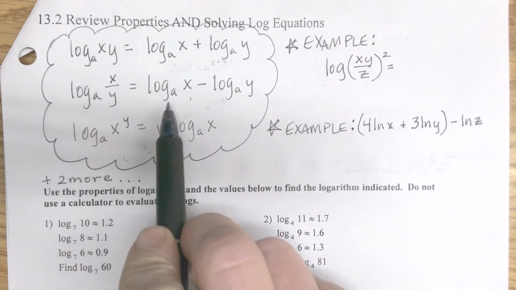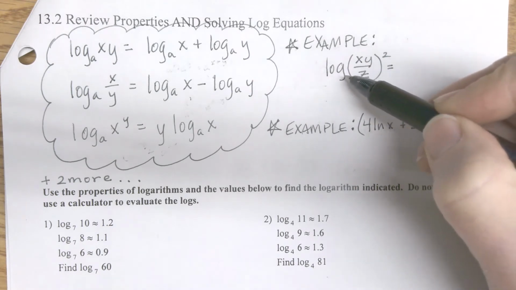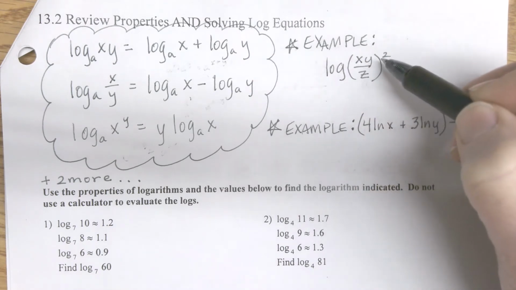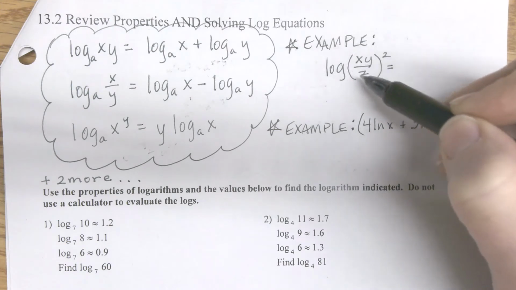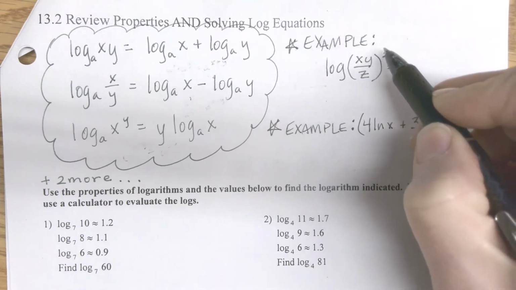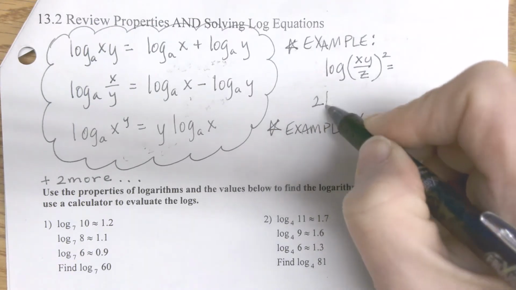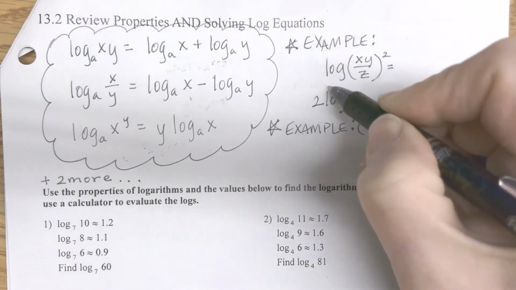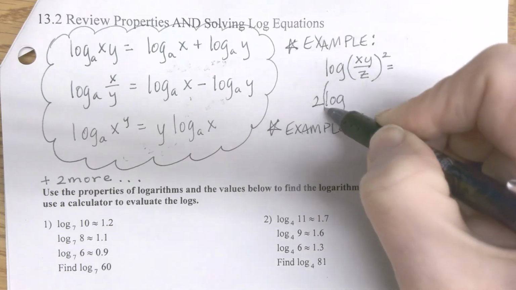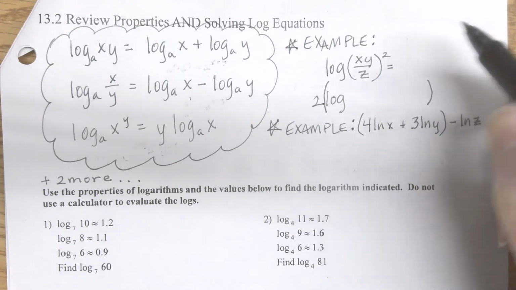And it works as long as the logs have bases. So remember, if you don't see a base on the log, we assume that that's base 10. And what I'm going to do here is expand this using the rules. So this is how it works. This power goes out front, so that's 2 times the log of, I'm going to put parentheses on this because I've got parentheses in there. I'm going to expand that out.